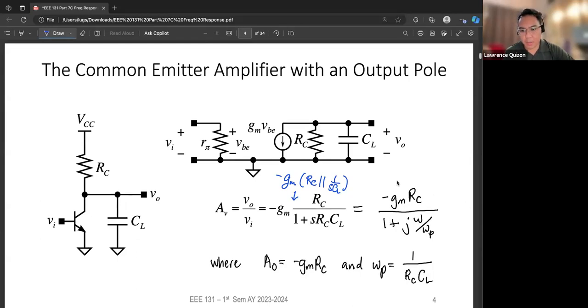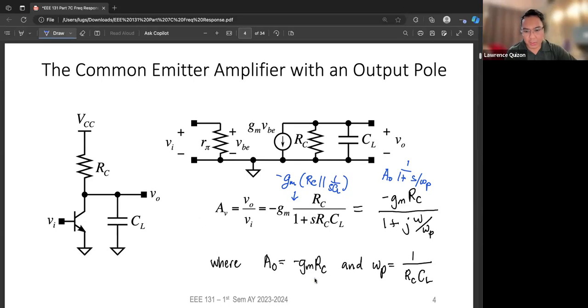So this is structured as follows: we have a gain at low frequency, let's call that A0, and then a pole term, j omega over omega_P, or s over omega_P, whichever one is preferred when you write it.